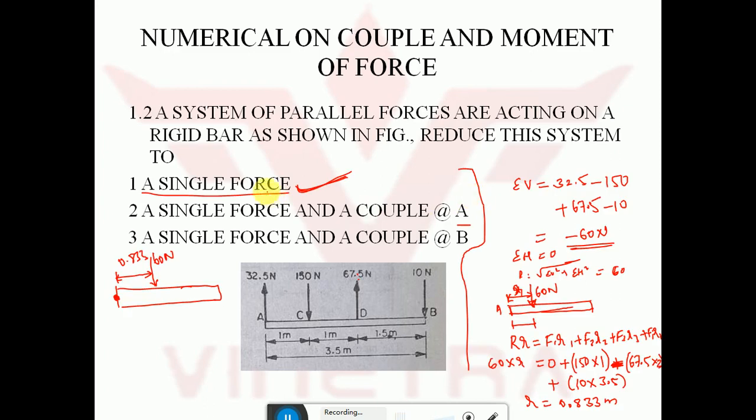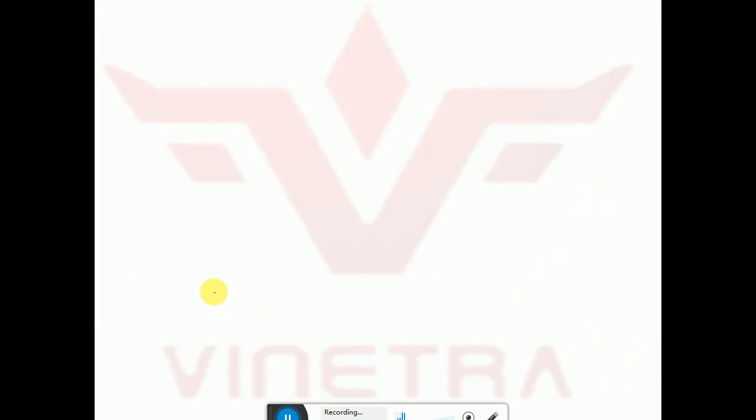So see here, a single force and a couple at A. Have a look at this diagram. The single force we have converted is acting at a distance of 0.833. They want to convert this force into a force and a couple acting at this point A. As I explained in my equivalent system video, I will redraw that diagram here.